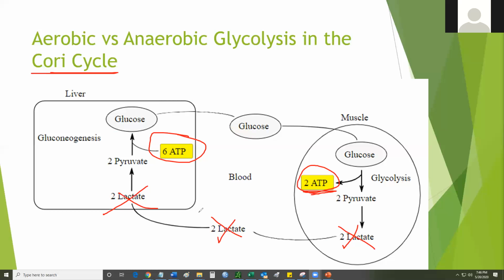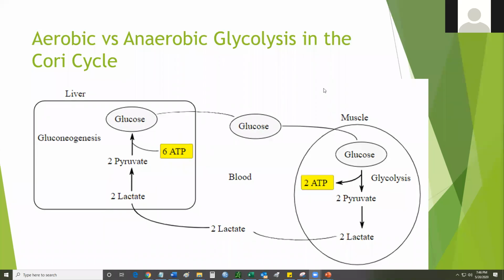This is why if you have a hard exercise session, and then you do a recovery the next day, or even if you do nothing the next day, most all of your blood lactate will reconvert into pyruvate and then into glucose, potentially stored as glycogen, because of the Cori cycle. You spend more ATP doing this, but it results in a normalization of your blood lactate levels.